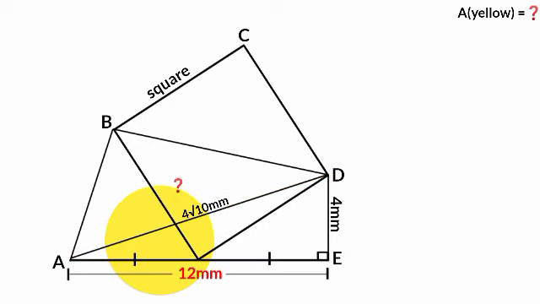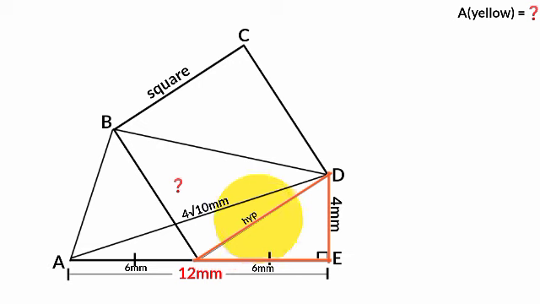Now recall, this line and this line are congruent, and the sum of their lengths is this 12 millimeters. That means this and this are half of 12 millimeters each, which is 6 millimeters. Now from this triangle also, we can use the Pythagorean theorem to find the length of this side, because it is the hypotenuse.